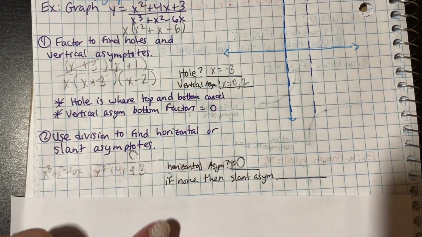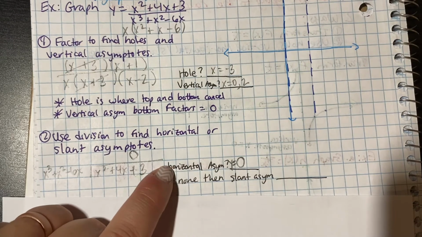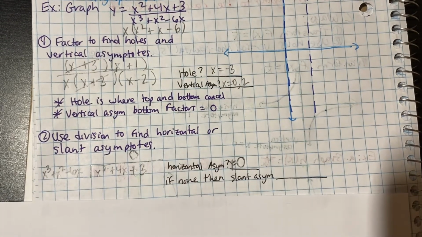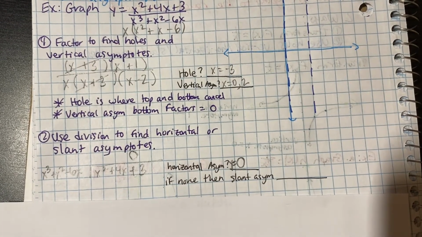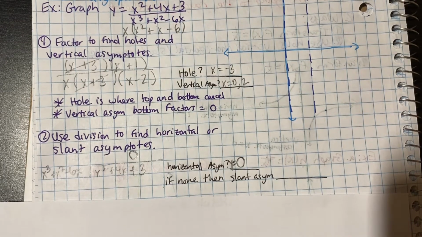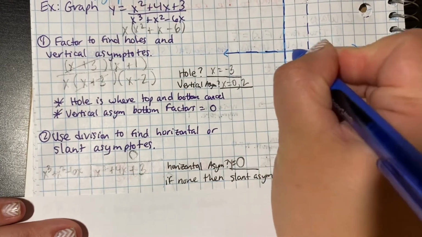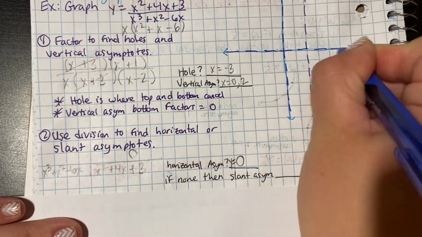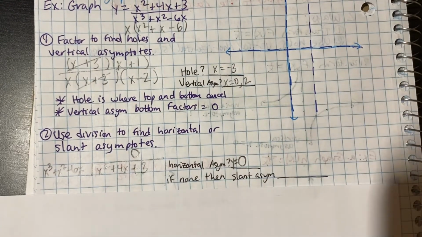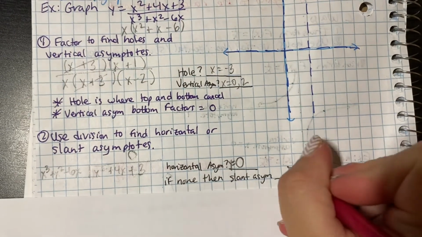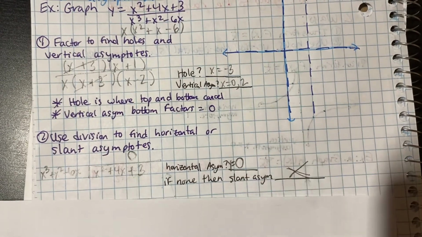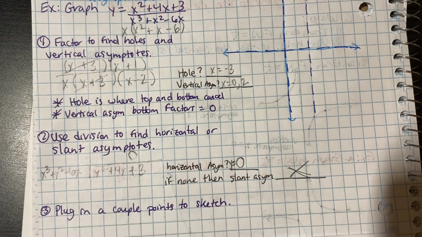Okay, and if there are no horizontal asymptotes, then you have a slant asymptote. So I'm going to add at y equals 0 my horizontal asymptote, and there is no slant one, because there was a horizontal one. Okay.